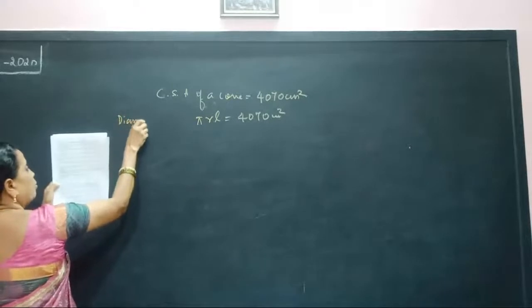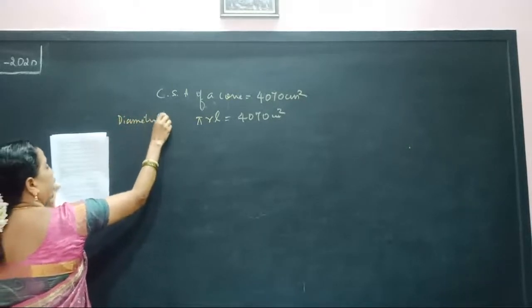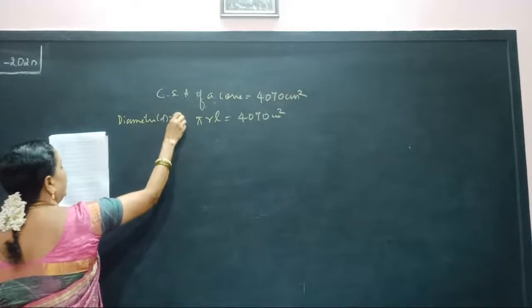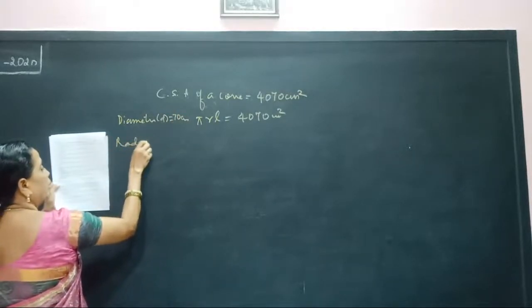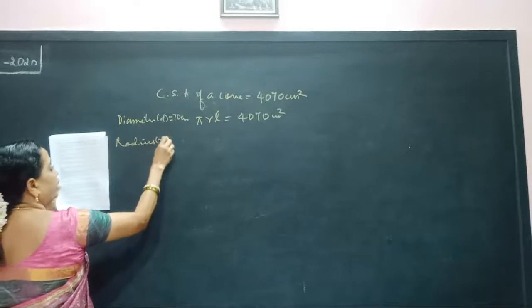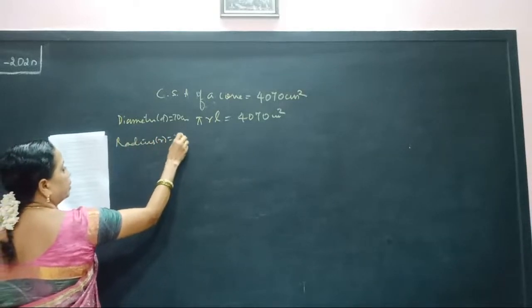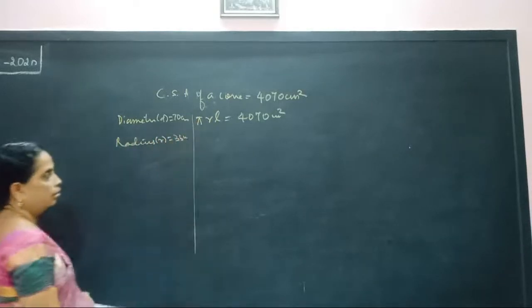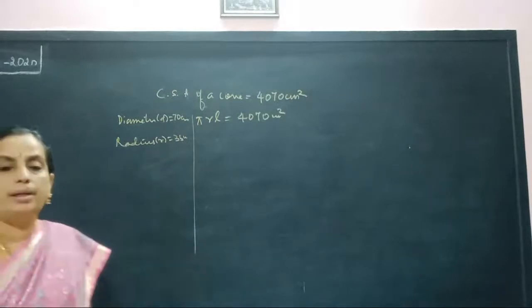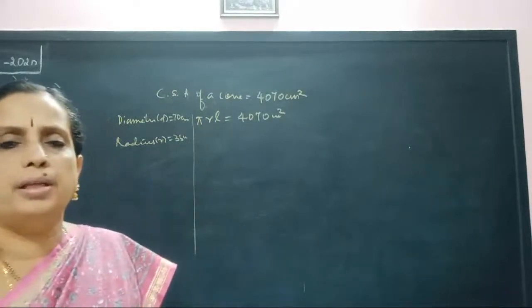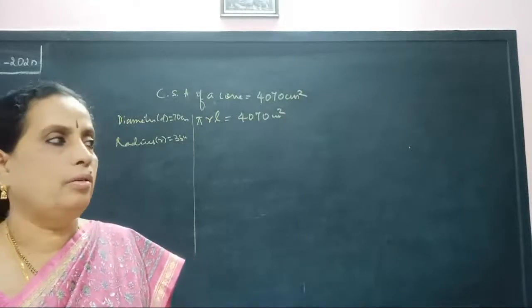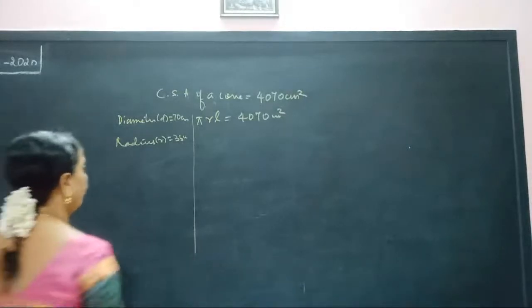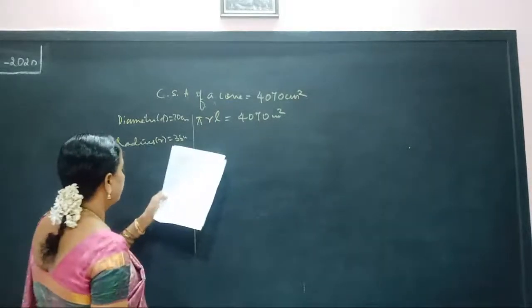They are given diameter, so please convert into radius. Diameter is 70, radius will be 35 centimeter. What is required?